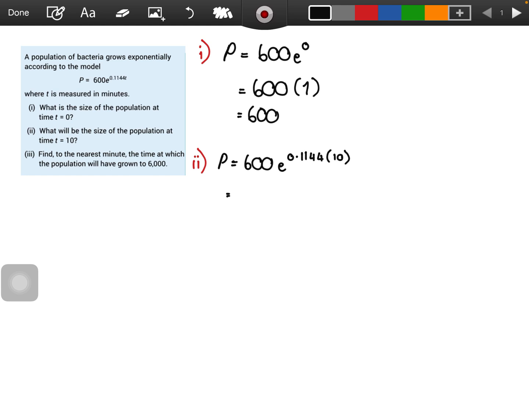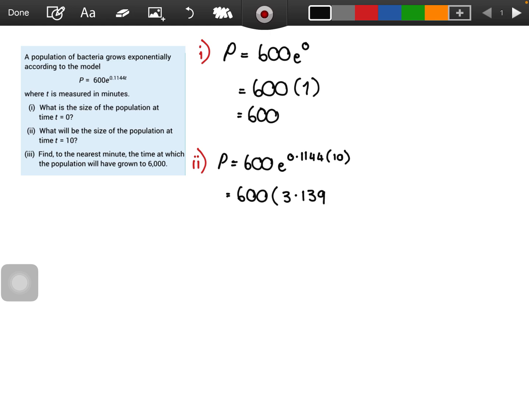So that's going to give me 600 times e to the power of 1.144, which is 3.139, and the number goes on.